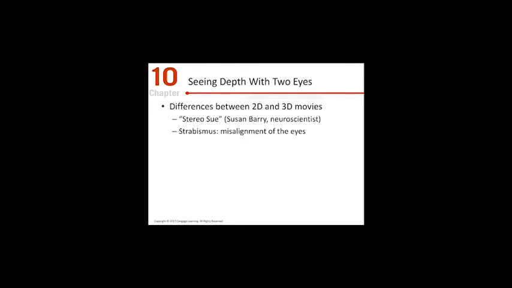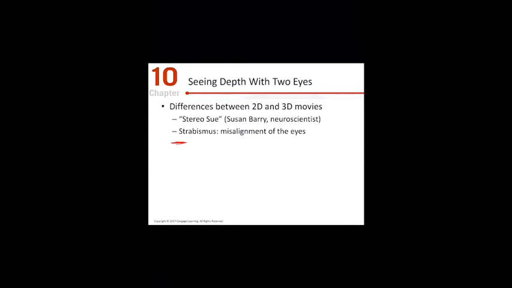A physician had her do different exercises to strengthen her eye, because what happens in strabismus, which is the misalignment of the eyes, for example, having crossed eyes or having one eye that's like a lazy eye crossed outward or inward.